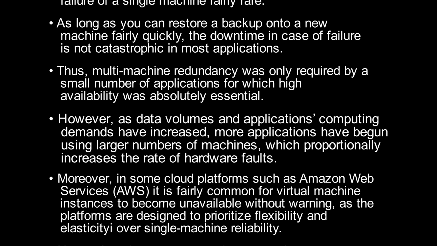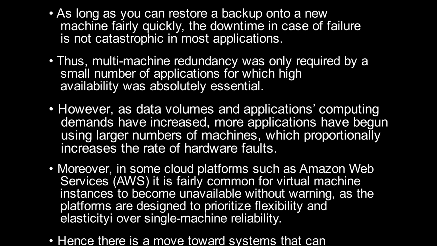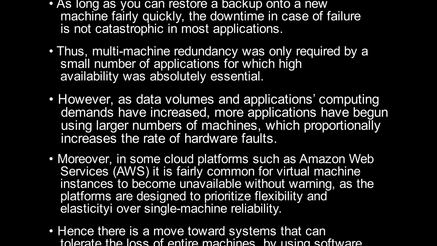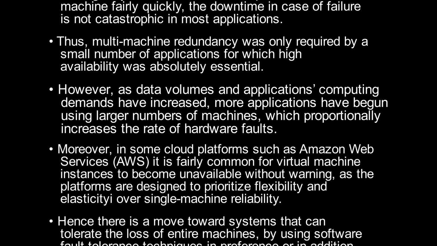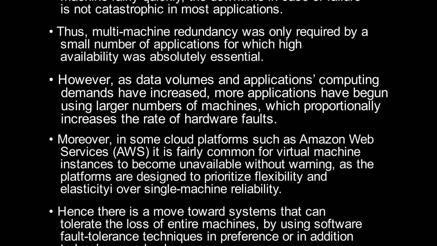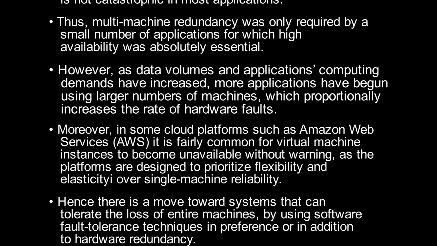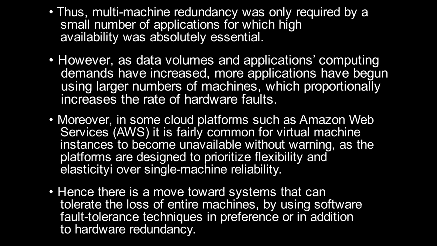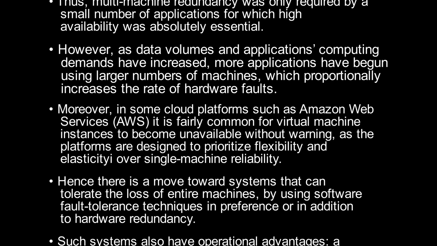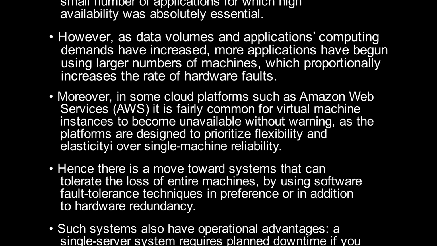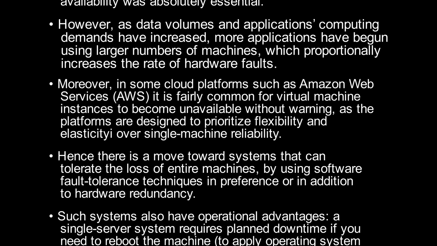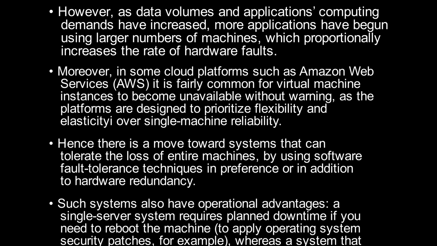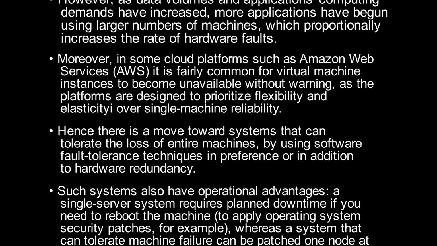Moreover, in some cloud platforms such as Amazon Web Services (AWS), it is fairly common for virtual machine instances to become unavailable without warning, as the platforms are designed to prioritize flexibility and elasticity over single-machine reliability. Hence, there is a move toward systems that can tolerate the loss of entire machines by using software fault-tolerance techniques in preference or in addition to hardware redundancy.